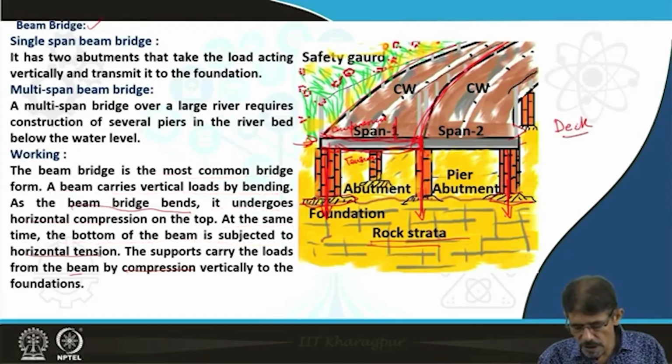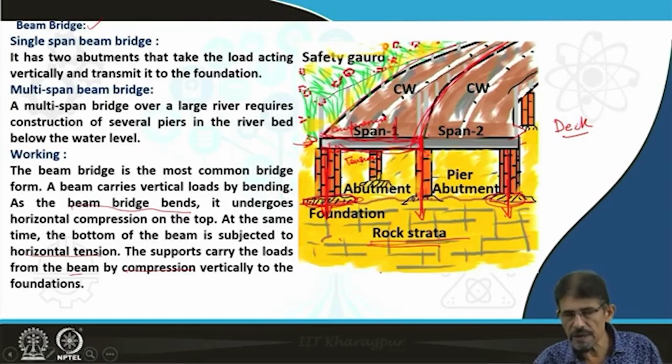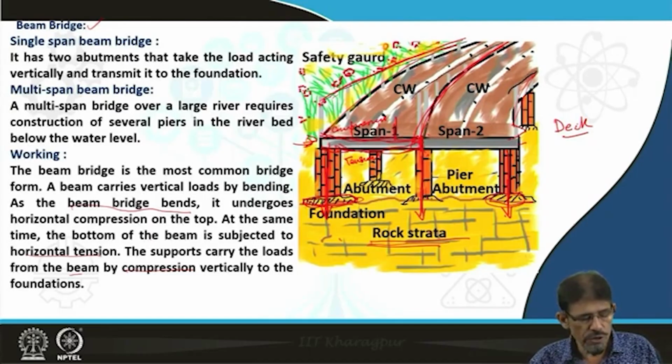The lower part is the foundation, and the foundation lies on rock strata, which is recognized as foundation strata. For safety, we generally fence with wires, regarded as safety guard wires. You can see here. In this way, we have seen the beam bridge.